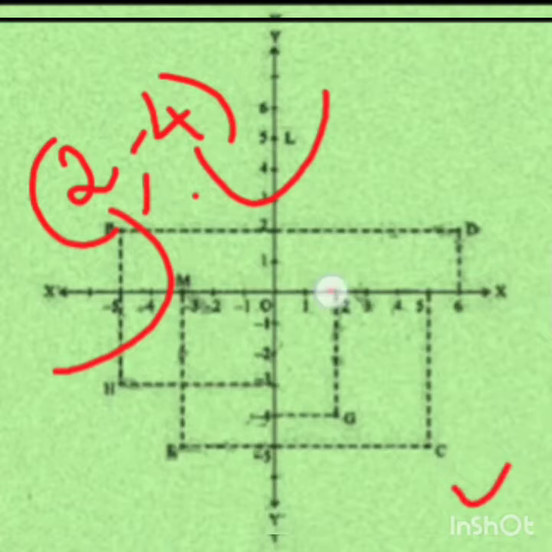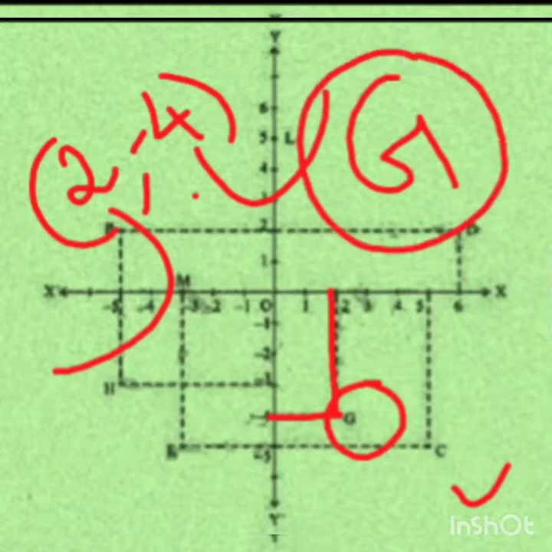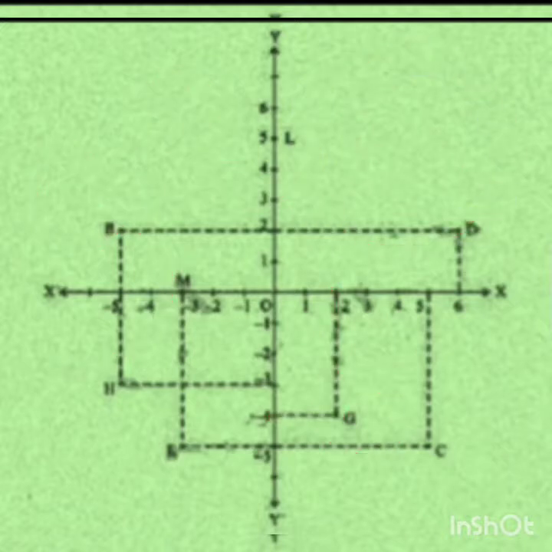You can see 2 on the x-axis and -4 on the y-axis. So my dear student, this point is not clearly visible, but that point is G, as given in the book. So let's note down the answer for the fourth question: G. Clear to you?